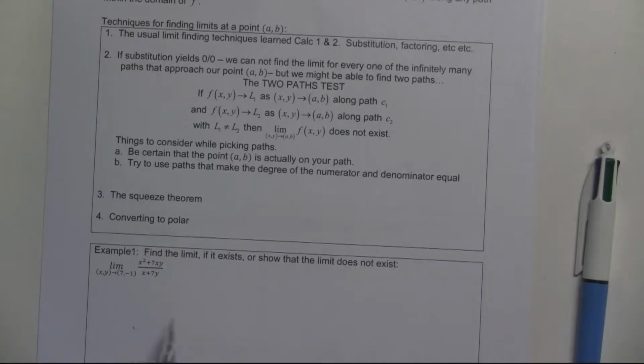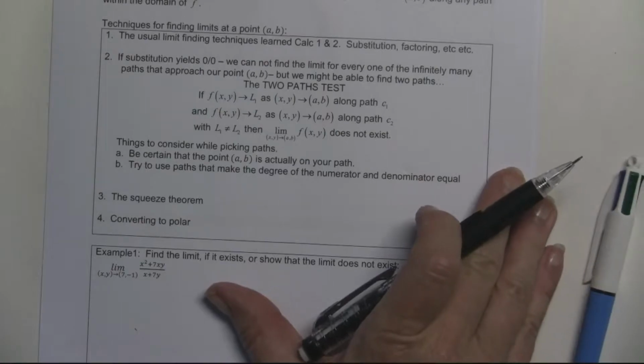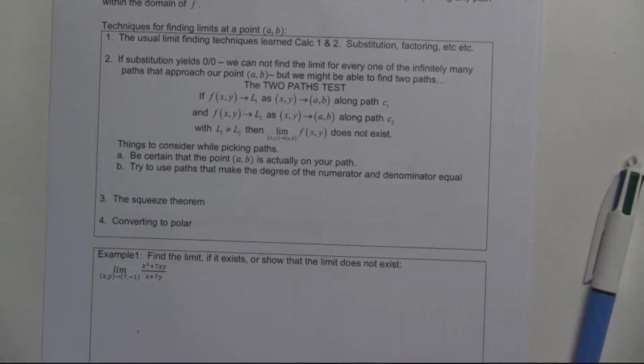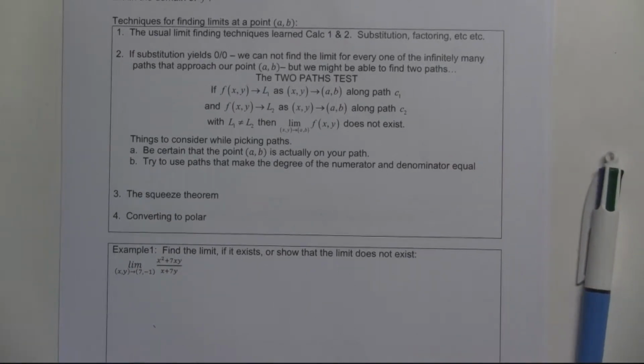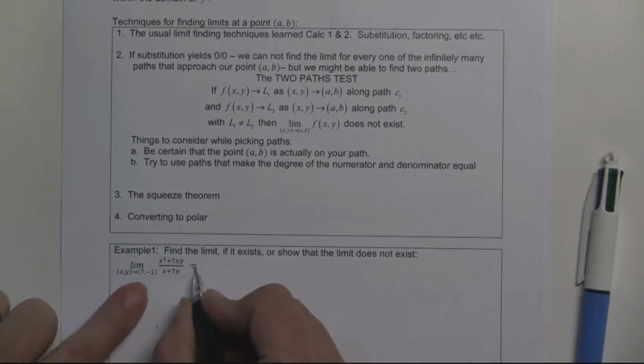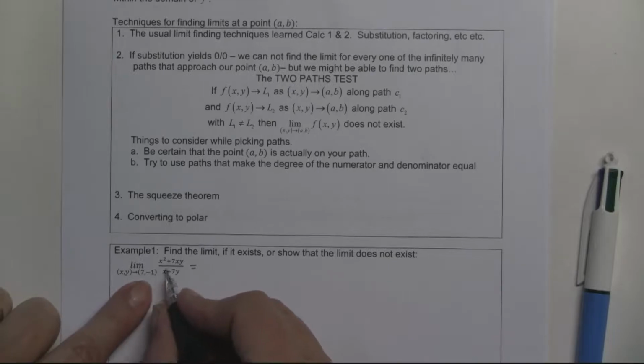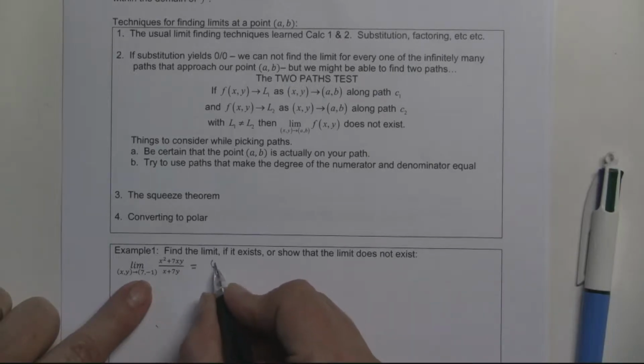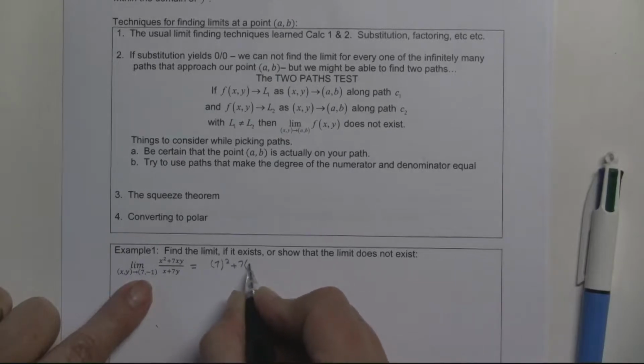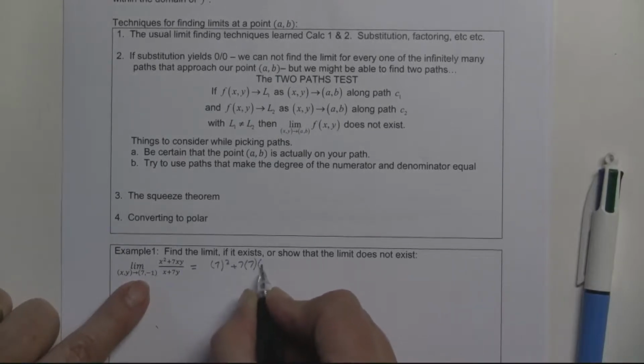This first example is just the usual techniques that we learned in Calc 1 and Calc 2. If you substitute in that x is 7 and y is -1, then I get 7 squared plus 7 times 7 times -1.